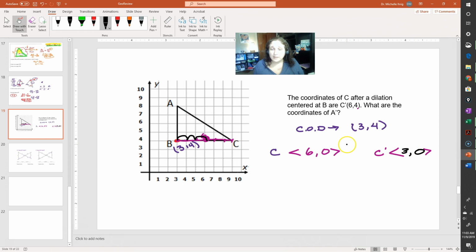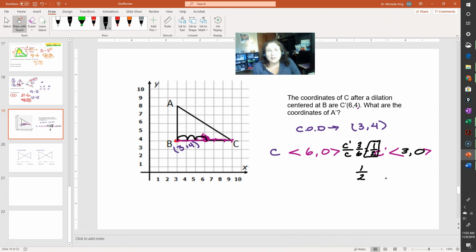So when I need to find my scale factor, I'm going to do new over old. So I'm going to do 3 over 6, for a scale factor of 1/2. So I know my scale factor for A, whatever my A vector is, I'm going to multiply my A vector by 1/2 to get my new coordinates of A.